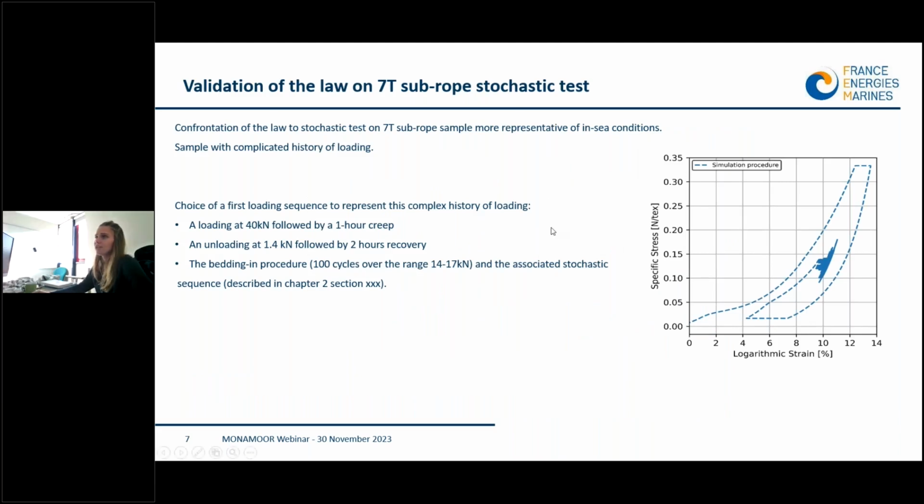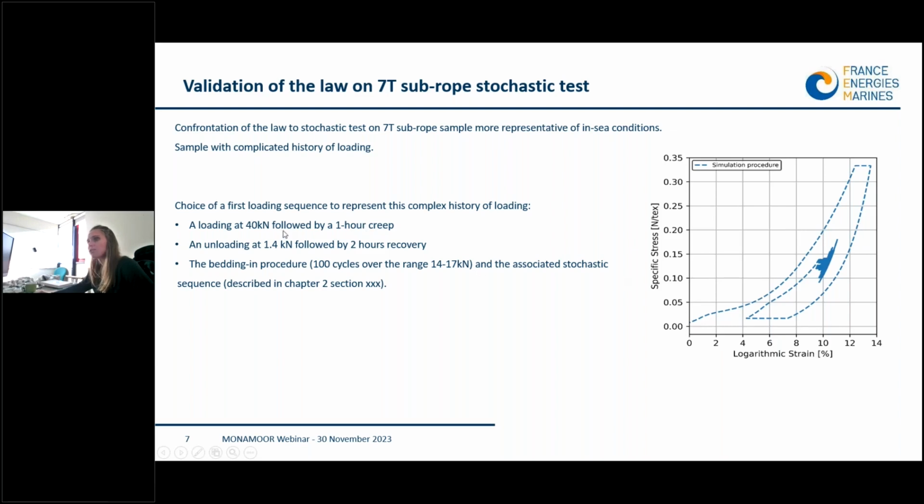And so we tried to validate it on a more realistic test, which is called a stochastic test, using a database of an experimental test performed at Ifremer on a 7-ton subgroup sample. It had a complex history of loading because it was tested several times.